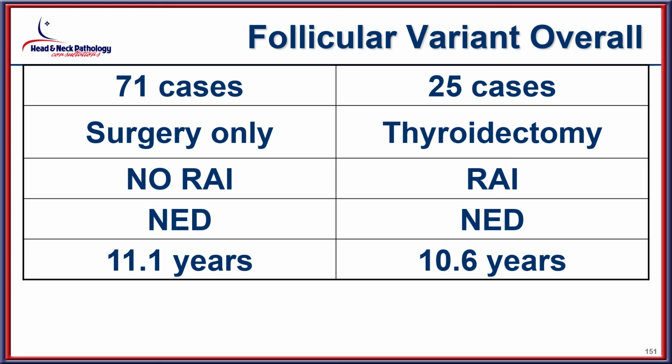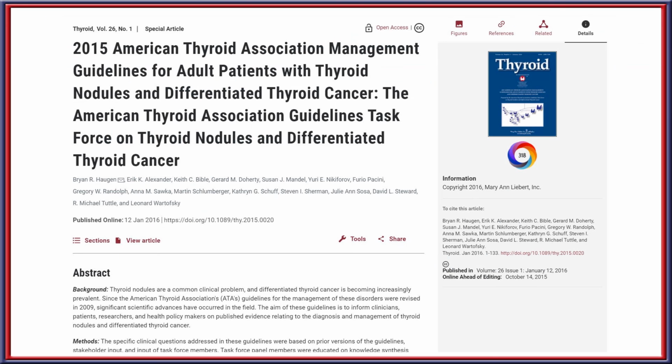Of course, the management for these follicular variant patients was with surgery only for the vast majority, without any radioablative iodine as a follow-on, being managed with lobectomy, and you can see that they all had an excellent overall outcome, and therefore the presence of the follicular variant category is very, very meaningful.